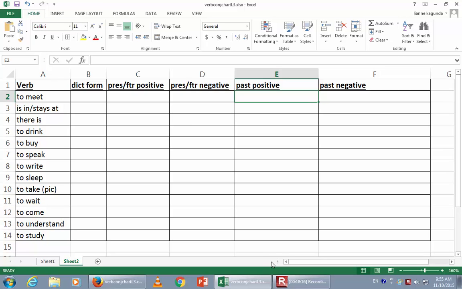And then of course, it follows the same pattern. So will not buy would be kaimasen. Bought, kaimashita. Did not buy, kaimasen deshita, right? Sleep, we already knew.